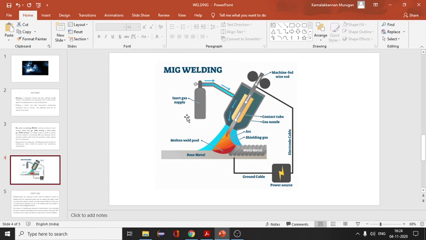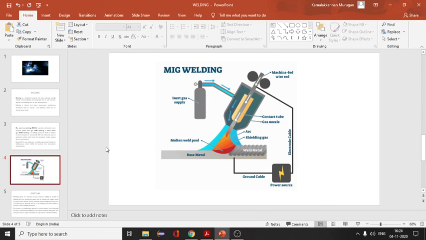The only difference is that here we use a different torch, the holder where we also have the inert gas supply. The remaining process is going to be the same. How you are supposed to handle the welding and the safety precautions, everything is going to be the same. Is that clear?